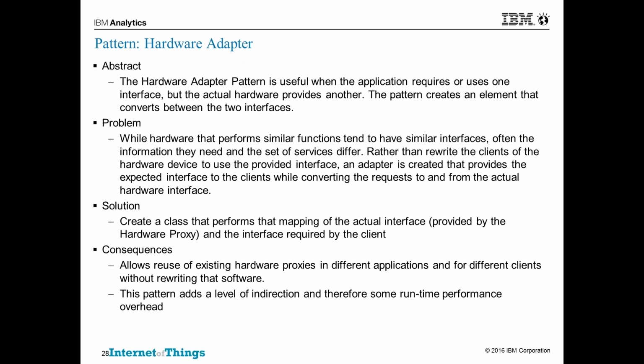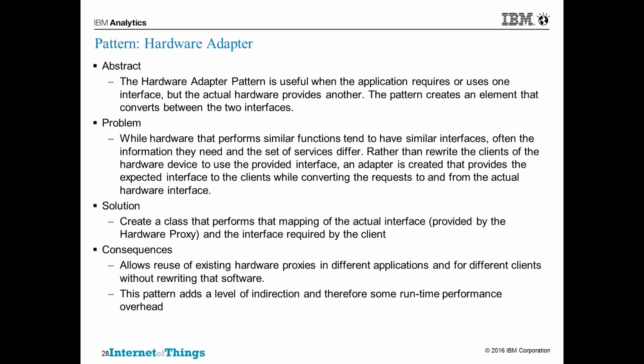So you create a little adapter that sits between those pieces of software to connect them. The actual interface itself is called the hardware proxy, and we then do this impedance matching to the interface required by the client.